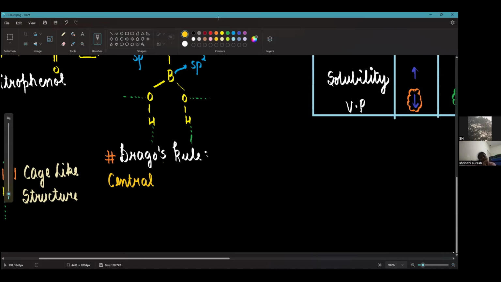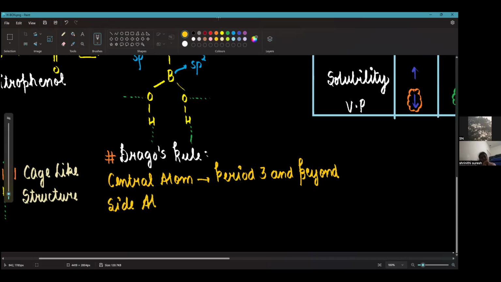It gets triggered when you have a central atom of period 3 and beyond, and the side atom electronegativity is 2.1 or less, that is, it means hydrogen.